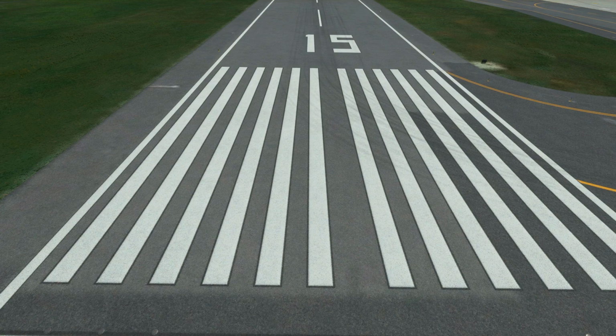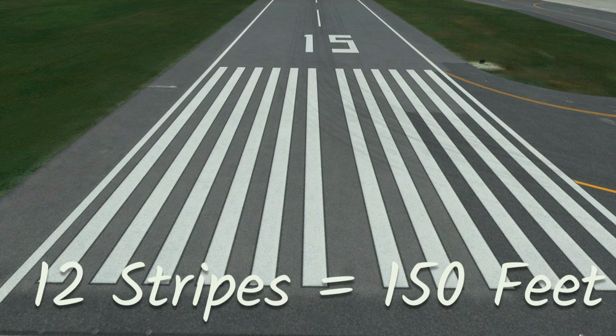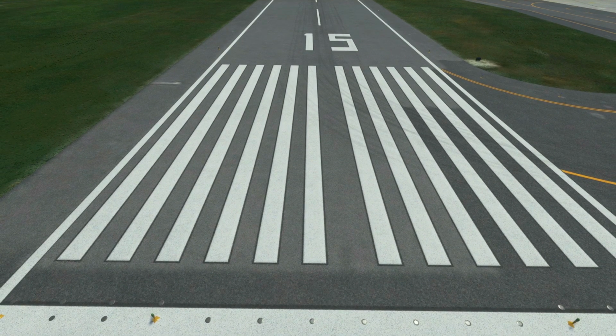Okay, so a total of 12 stripes. That means that this runway is 150 feet wide is what that represents. That's how you know how wide your runway is. So some really good, neat information about that.